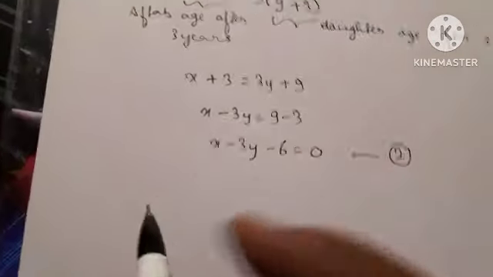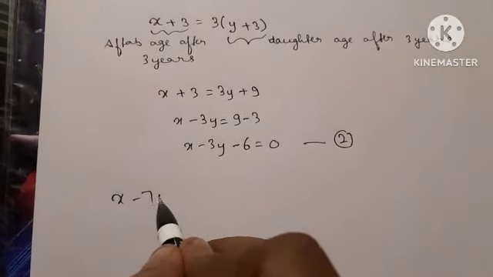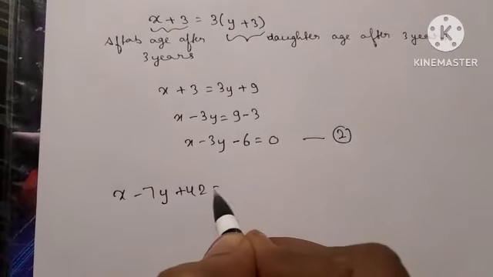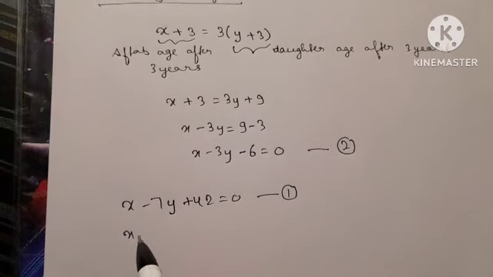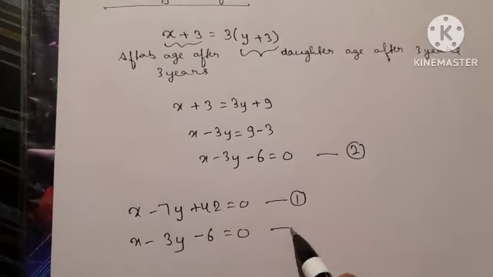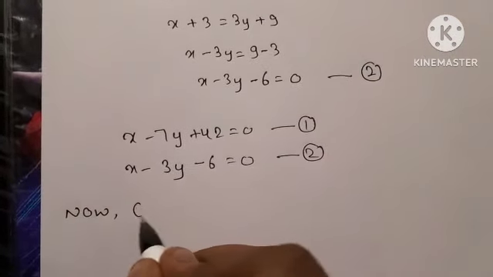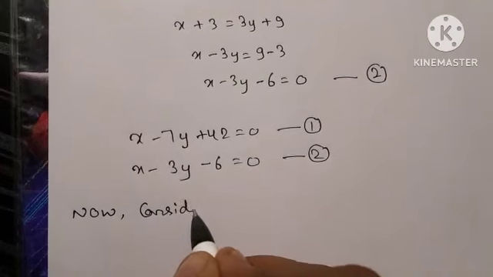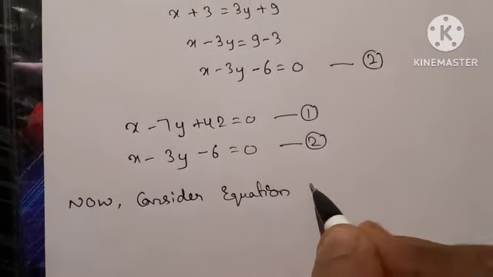So now let us write both equations. So we write x minus 7y plus 42 equal to 0, equation 1, and x minus 3y minus 6 equal to 0, equation 2. Now consider equation 1.